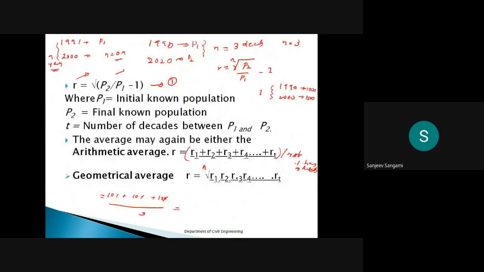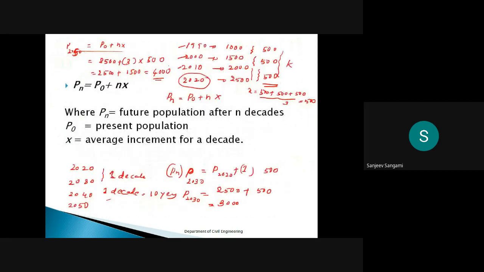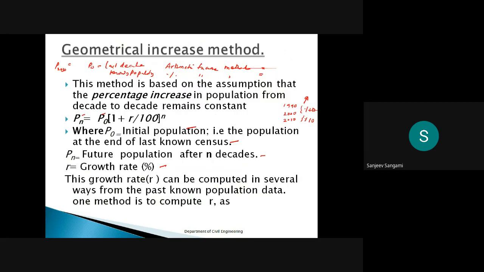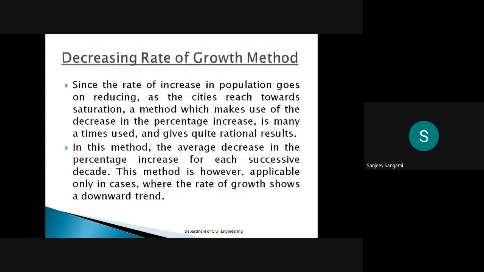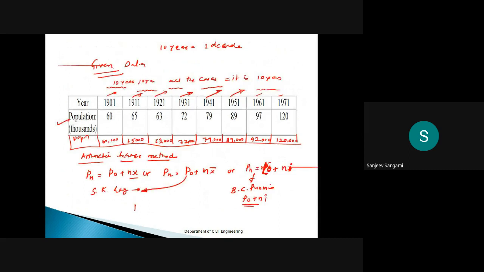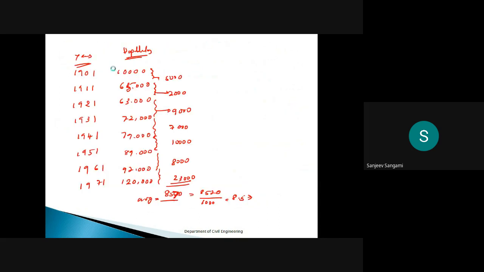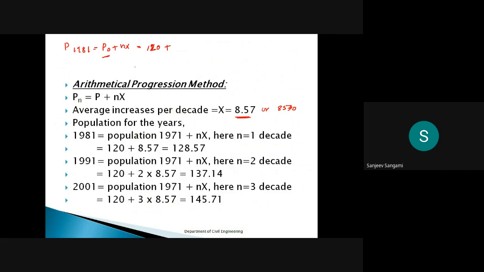So you can see here, the population at 1980, 2000 and 2010, 2010 and 2020. So these are the four populations we did. So whenever we are calculating, we have used the P naught, that is the last known population itself. Here also we have to use the same method of calculation. So P naught, that is 120.